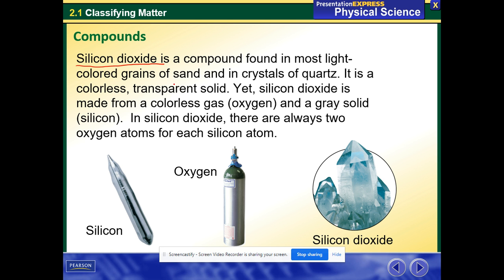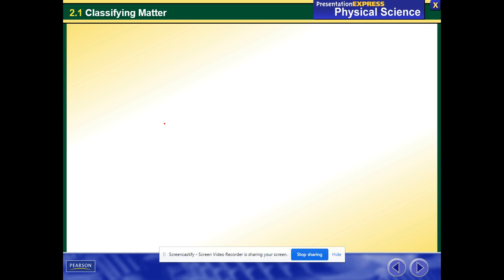Now, silicon dioxide is made up of two elements, silicon and oxygen. Oxygen is a gas. That's a lot different than the solid that we see for silicon. And silicon is a gray solid. Well, gray, that's different than silicon dioxide, which is colorless. So these two elements are completely different in their properties than what silicon dioxide actually is.